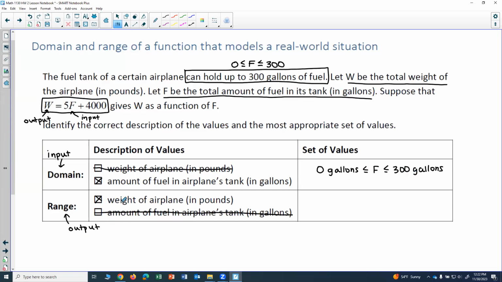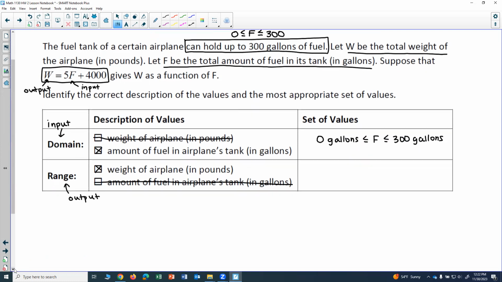Now for the range, we're talking about the weight of the airplane in pounds. So we know that our relationship here is W equals 5F plus 4,000. Now, the smallest amount of fuel in the tank would be 0 gallons.